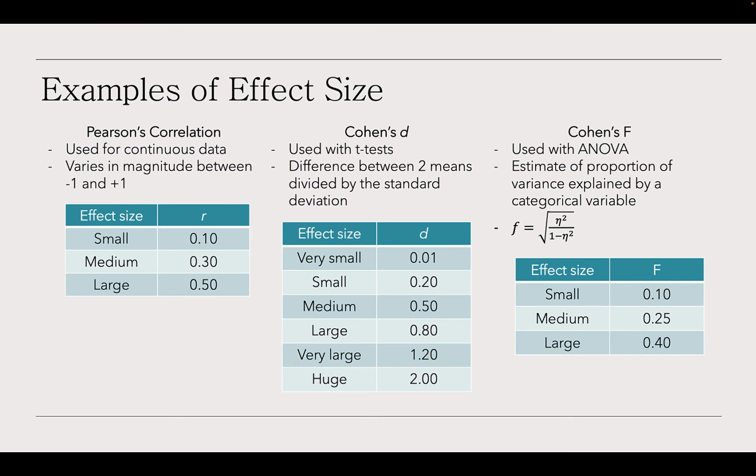So when we run an ANOVA in JASP, we're going to get this eta squared as an effect size on our fixed effect. All right, and so we can calculate Cohen's f by taking the square root of the proportion of the effect divided by 1 minus the effect.